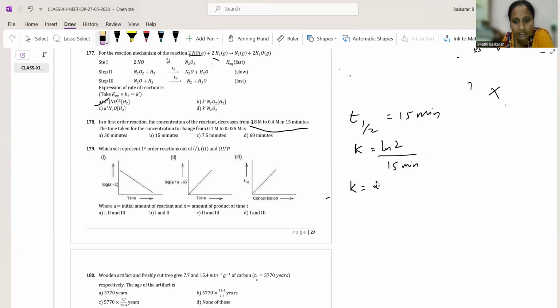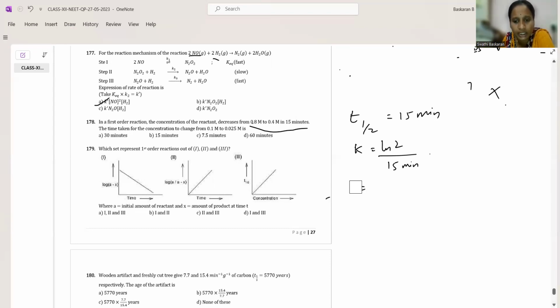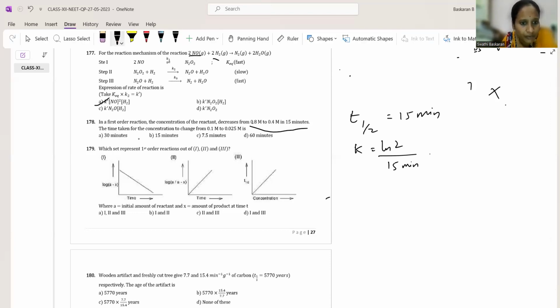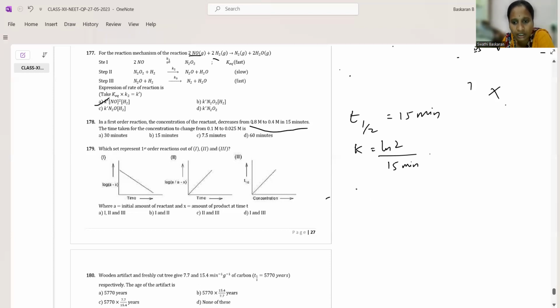Anyhow, we need to determine T, right? Because here it is asked the time taken for the concentration to change from 0.1 M to 0.025 M. So I will write in terms of T. When you write in terms of T, it will become 1 by K ln, what is the value that they have given?